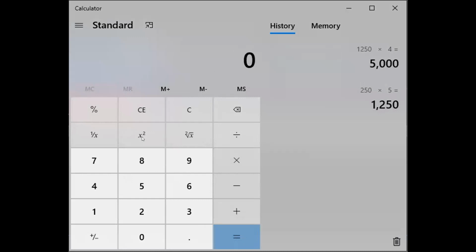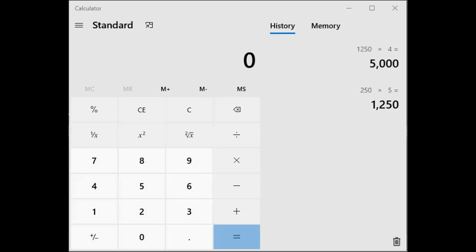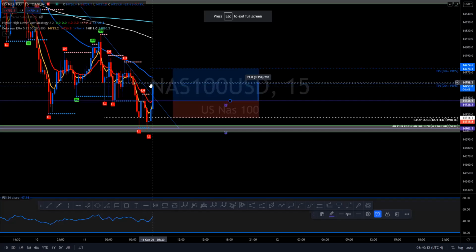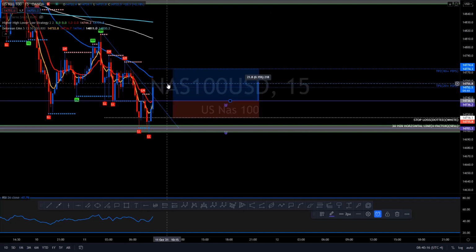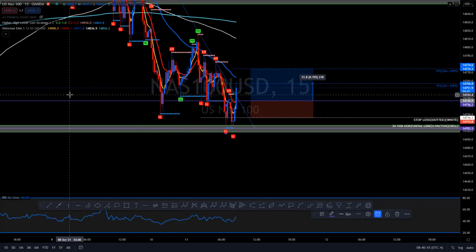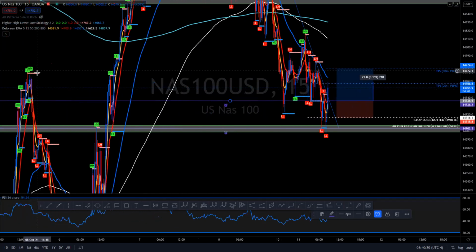We smashed our first take profit on this. So we might be hitting our first resistance possibly at this point. Let's see, maybe we got a resistance here. Yeah, we kind of hit resistance right here because we see an order block here.